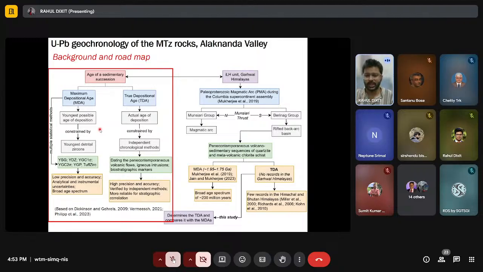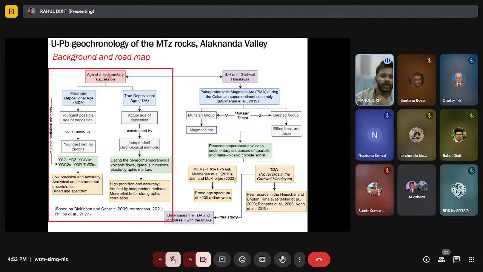Although several workers have given the maximum depositional age of the Berinag group, which varies from 1.95 to 1.75 billion years, with a broad age spectrum of approximately 200 million years, we do not have a very accurate depositional age of the Berinag group in the inner lesser Himalayan part of the region.